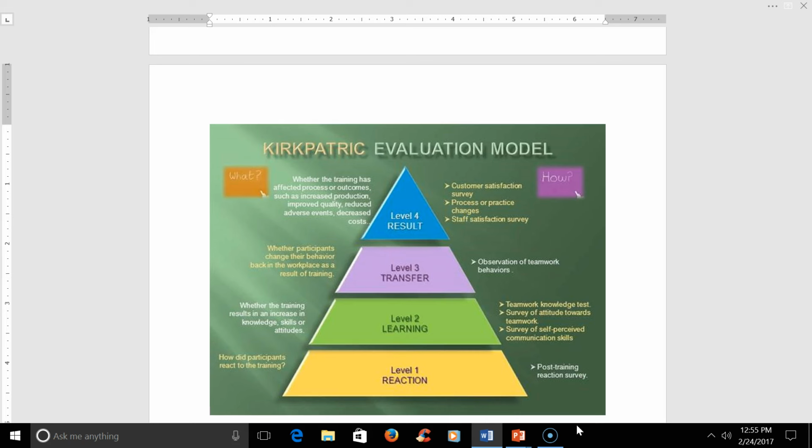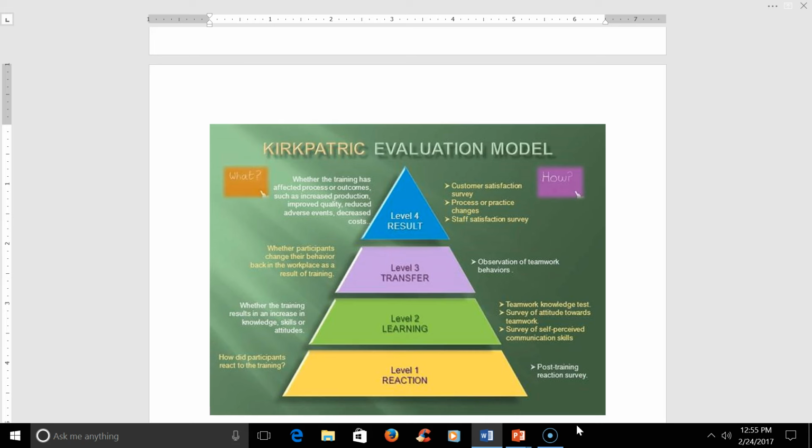And then the third level is called transfer or behavior, where the behavior of the participant is observed after the training. So how he or she is performing, whether he or she is able to implement the knowledge from the training back in the workplace.